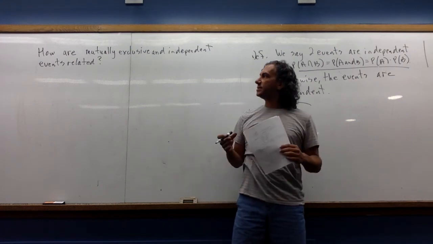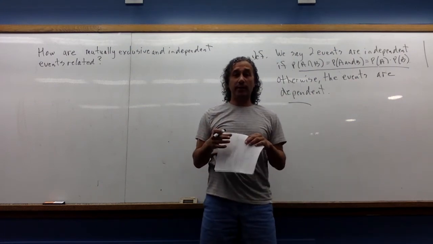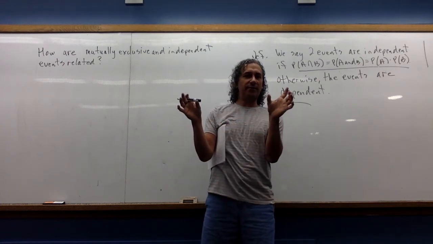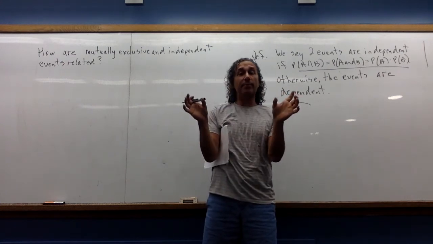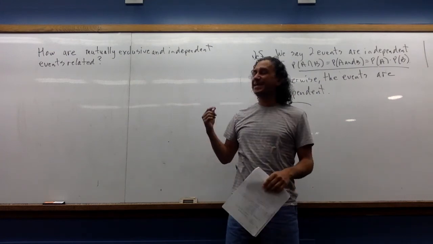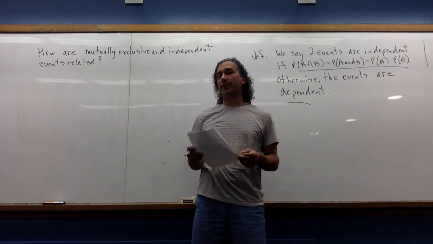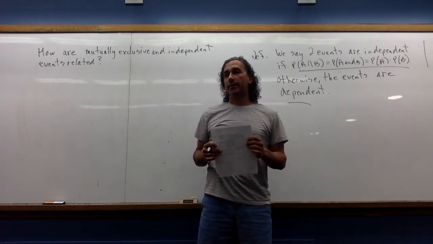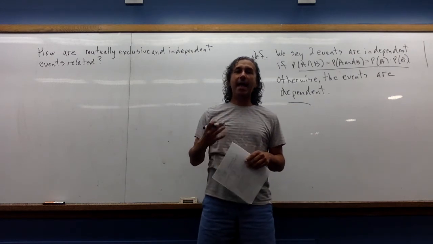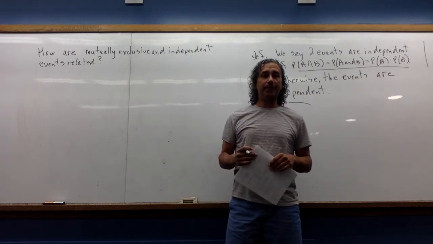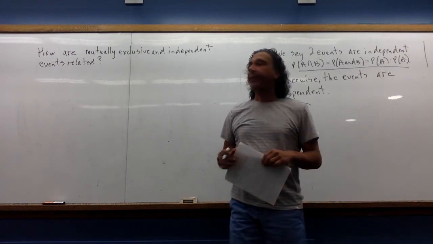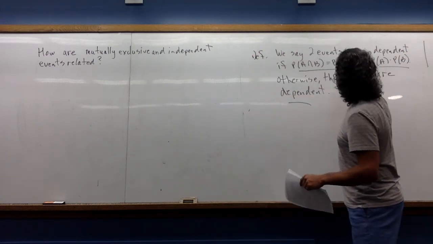Well, mutually exclusive events, they do affect one another because if one event's over here and they're mutually exclusive, then the other can't be intersecting, it's got to be over here. So if I were to follow that line of reasoning, it doesn't seem like it's possible for two events to be both independent and mutually exclusive at the same time. However, that's incorrect. And it's incorrect following the actual definition.